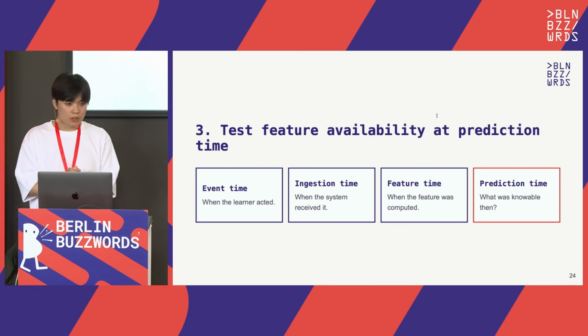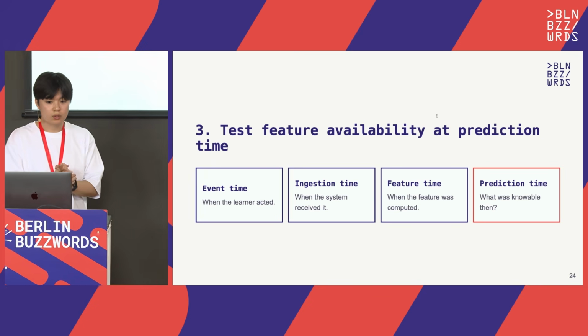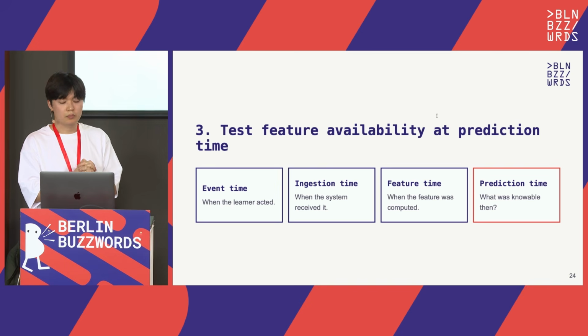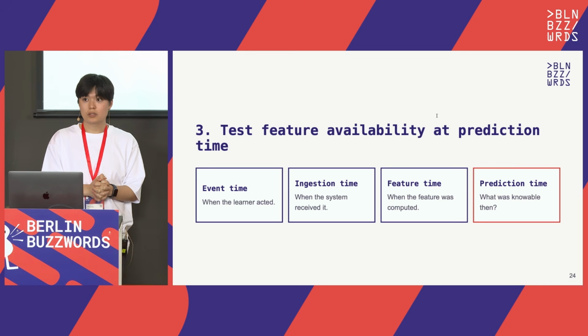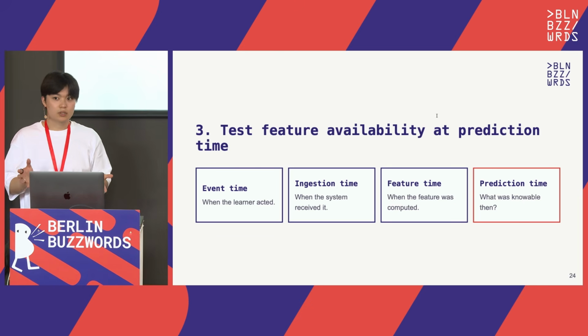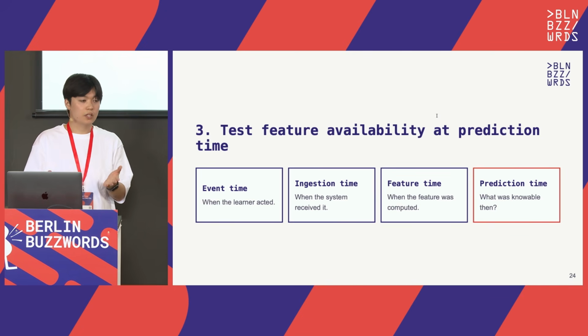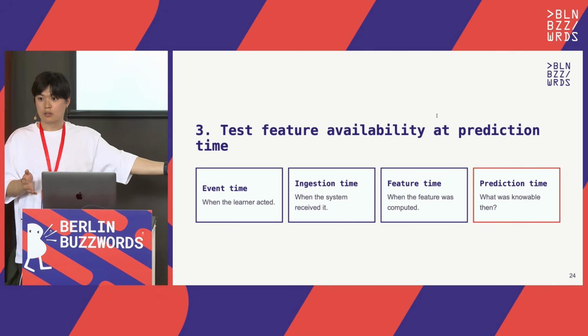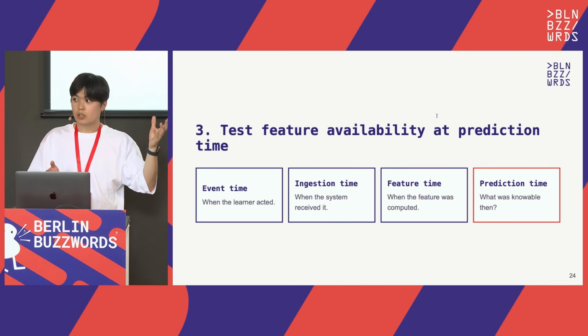It is also valuable to challenge your train features' availability at prediction time. It is easy to compute a feature offline, using historical data, using all the data possible.